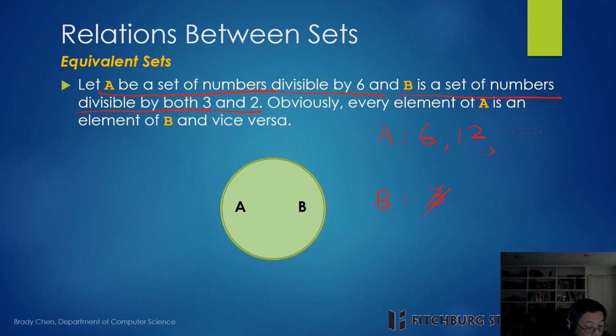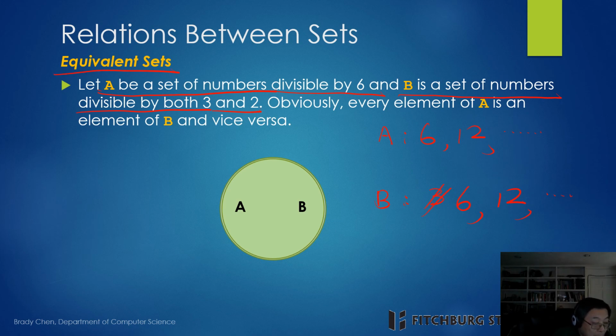So 3 is not in B. So we find out that all the elements in B can be divided by both 3 and 2. So in the end, all the elements in B should be divisible by 2 times 3, which is 6. So B contains the same elements as A. So in this case, technically A and B are basically the same, right? So that relationship is called equivalent sets.